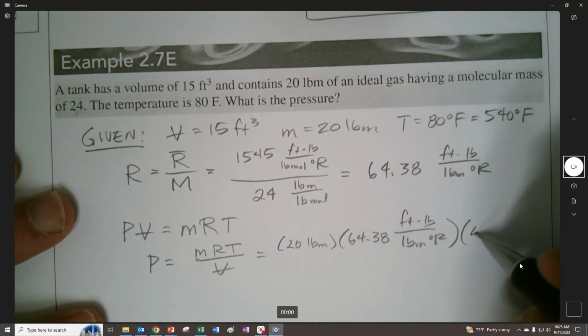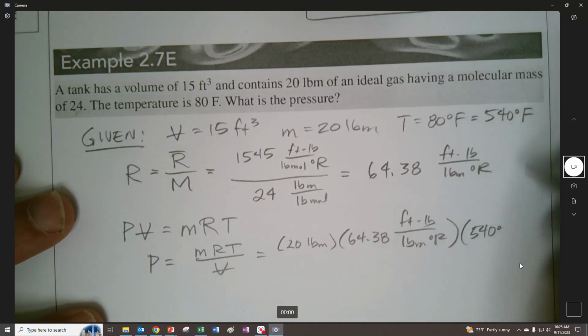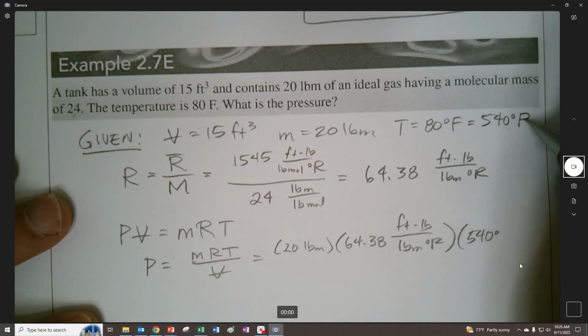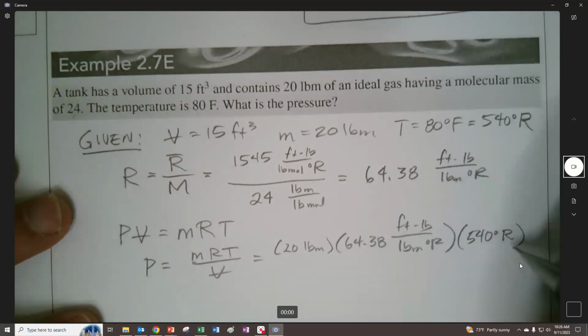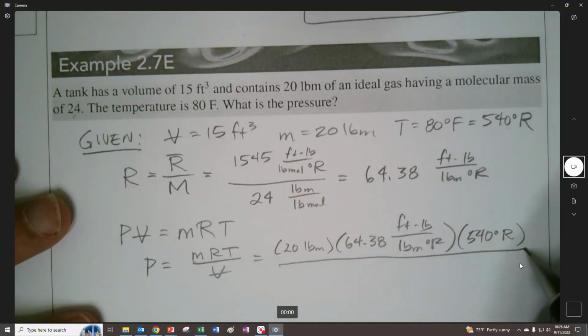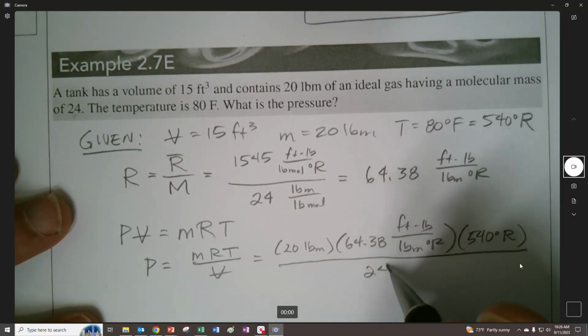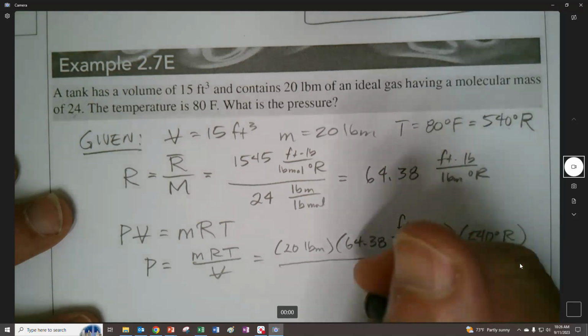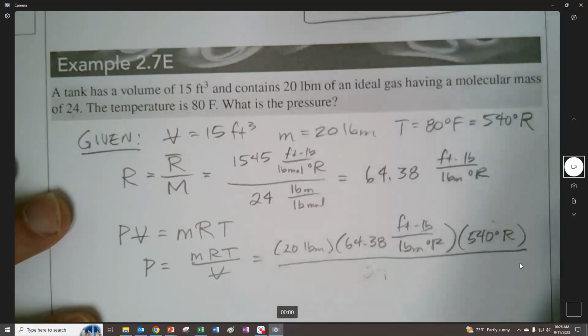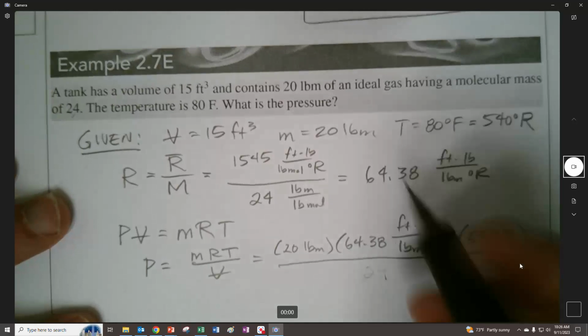The temperature is 540 degrees. Oh, up here above I accidentally wrote an F. I turned it into an R though. See how clever that little boy was that was able to turn that F into an R. There you go. Volume 15.